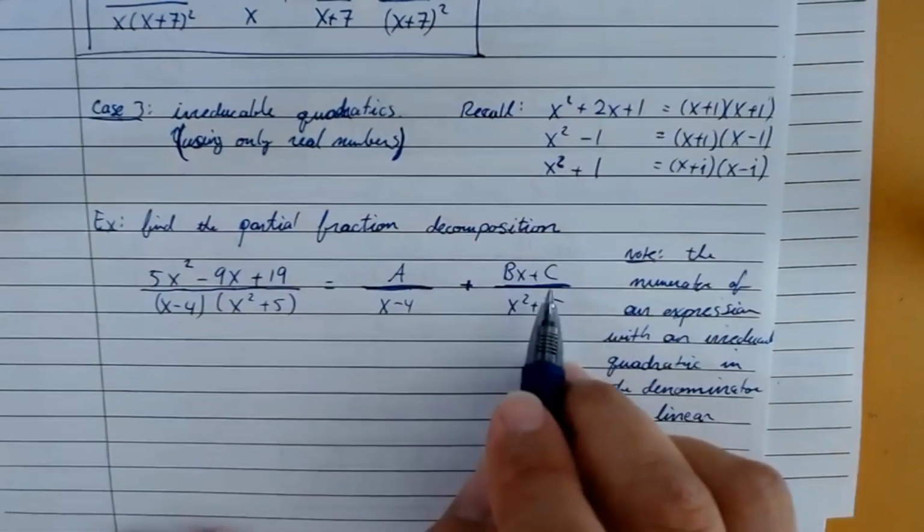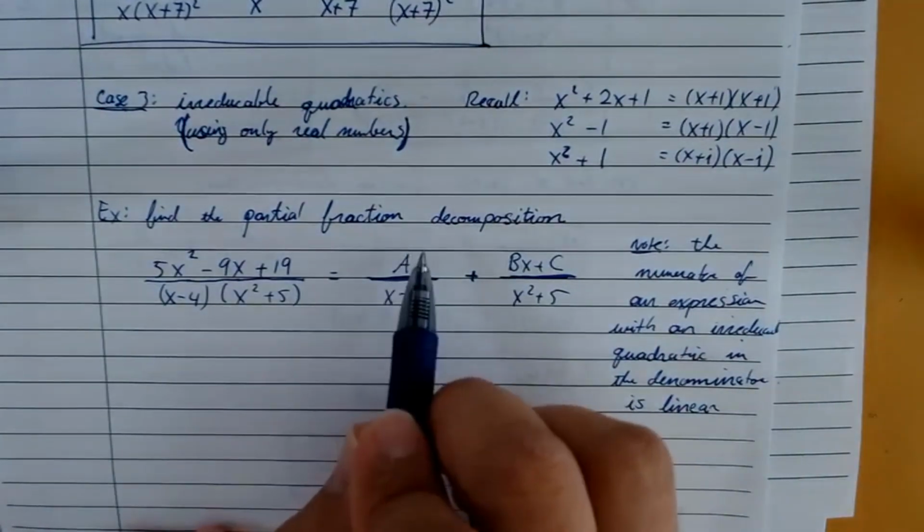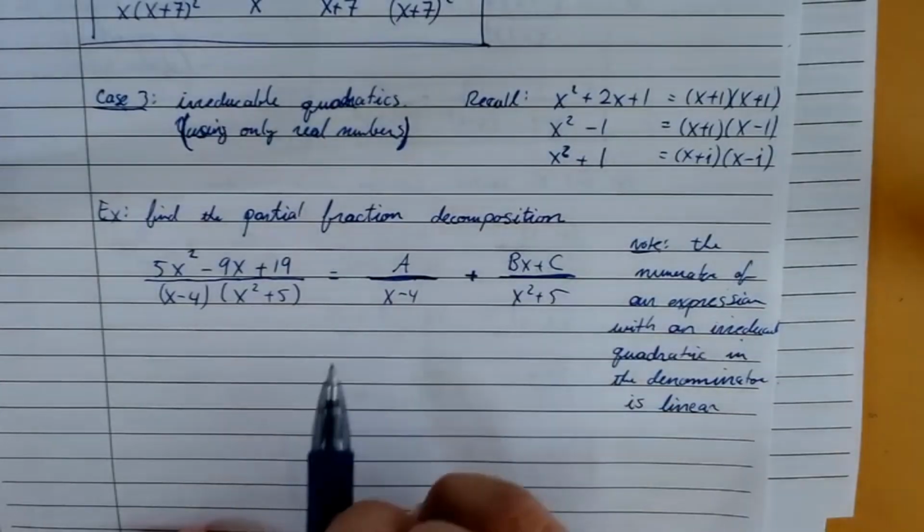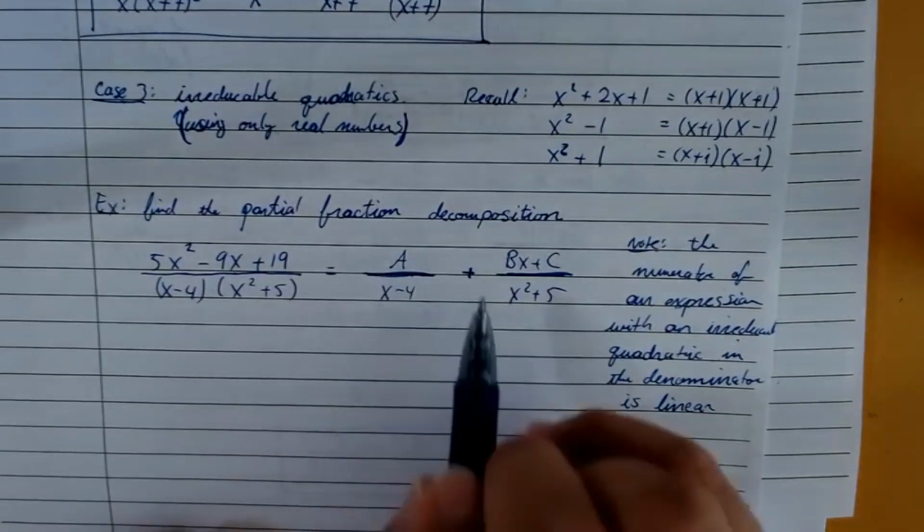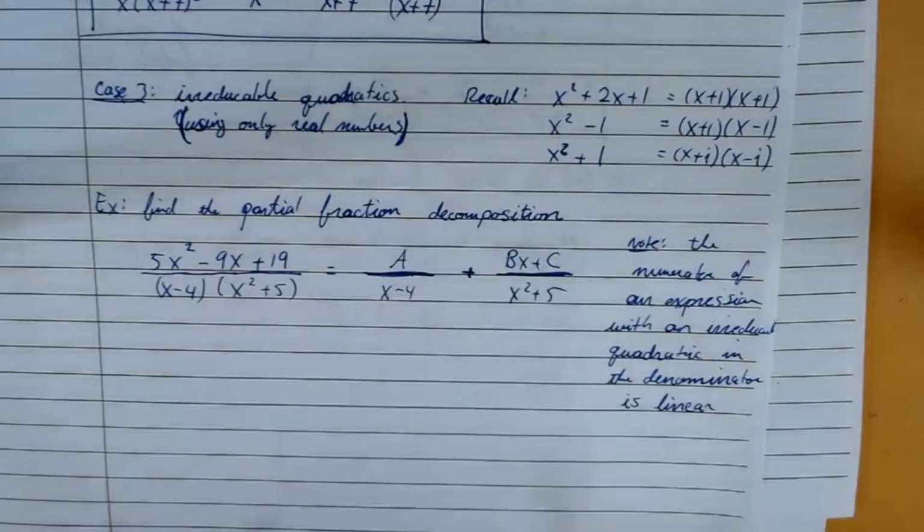Some number times x plus some number. Here I already used a, so I went with b and c. Let's say I had already used a and b, then I'd do cx plus d, just whatever numbers I haven't used yet.